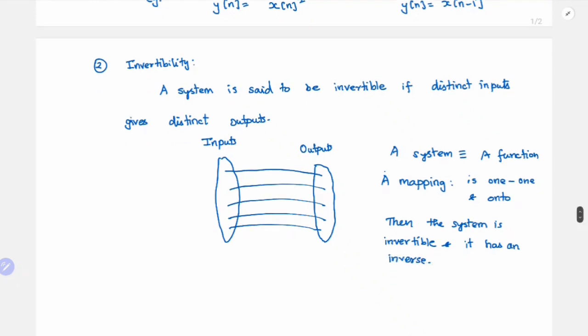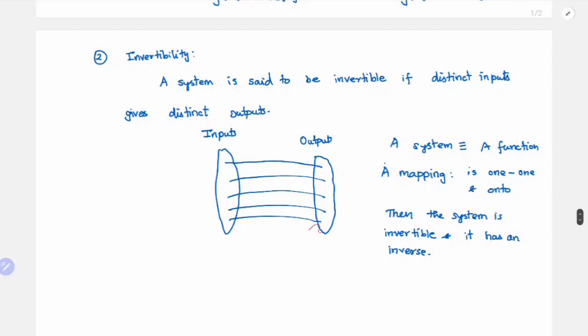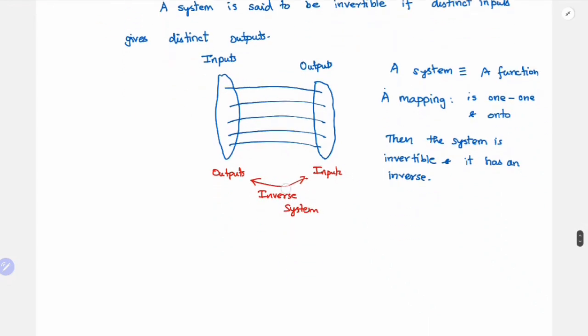So what will be the inverse function with these as inputs and this as outputs? The relation will be the inverse function or inverse system, right?